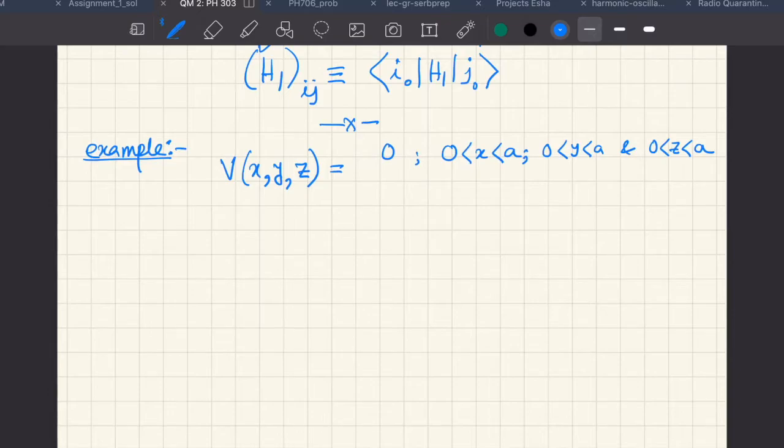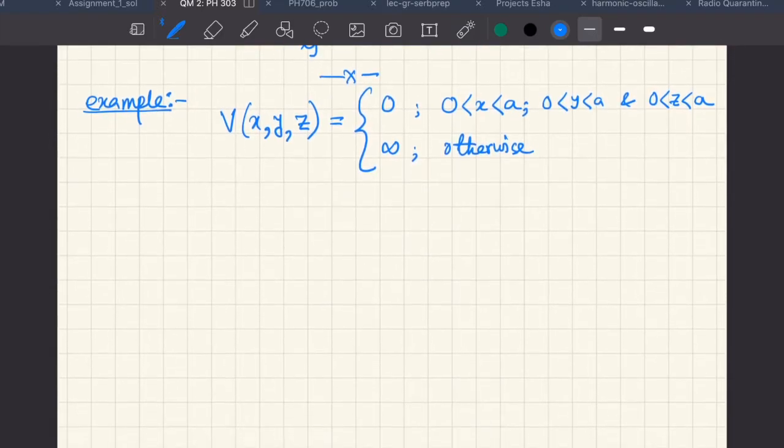The potential is 0 there and it is infinite otherwise. That's your unperturbed potential.